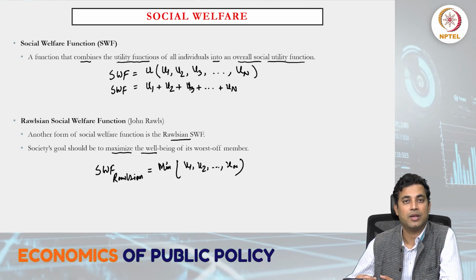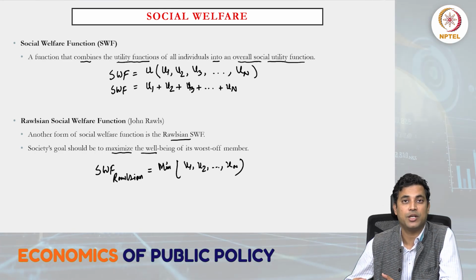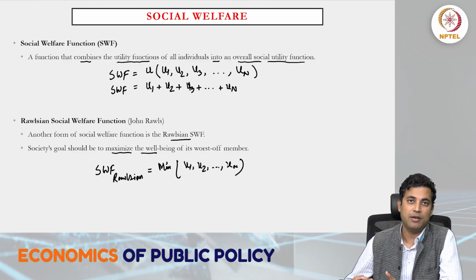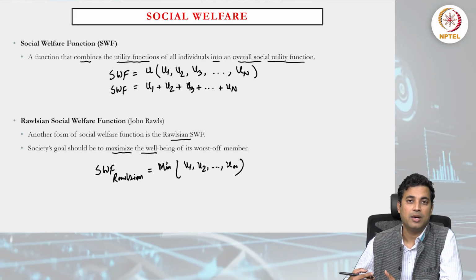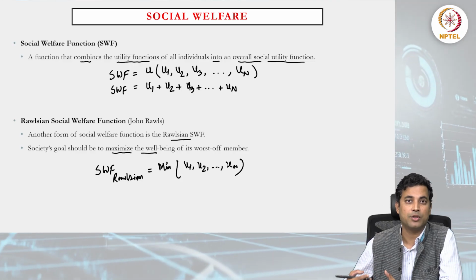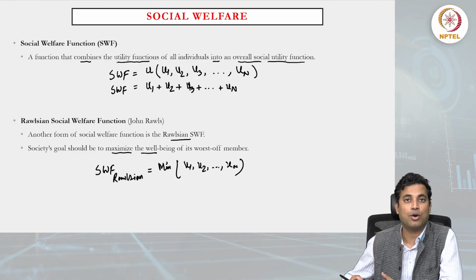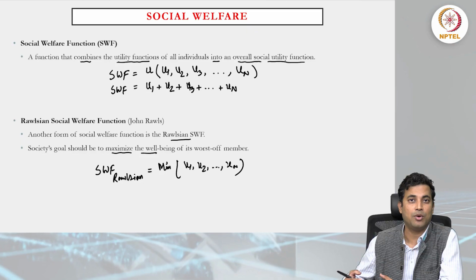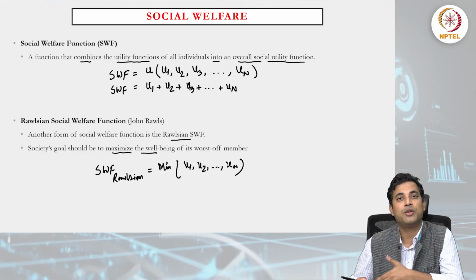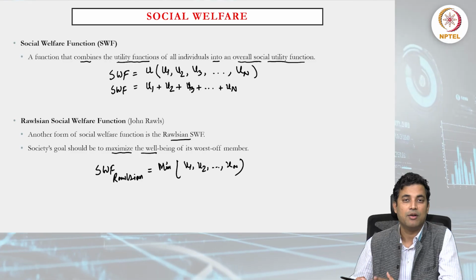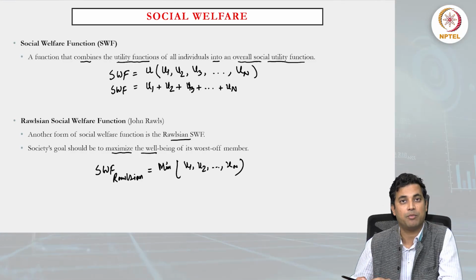In the context of opportunity cost, from the society's point of view, if someone wants to be in a better position at the cost of others, we have to take care of those worst-off members from the social welfare point of view.